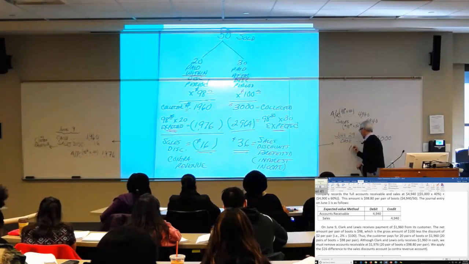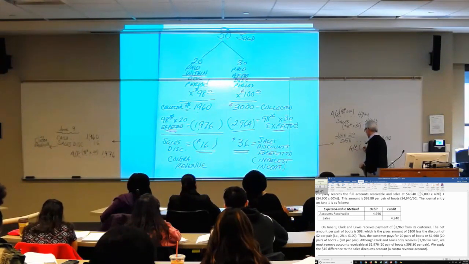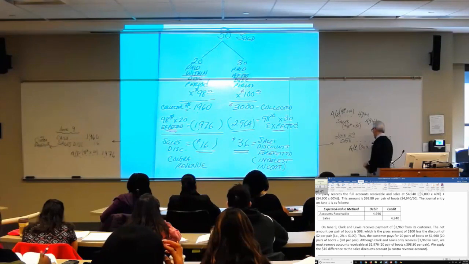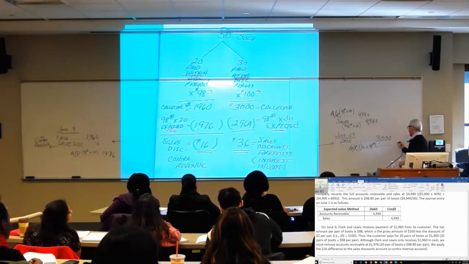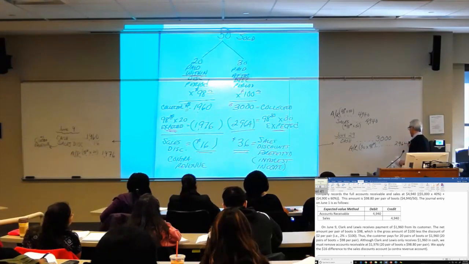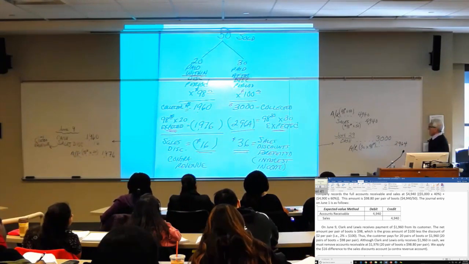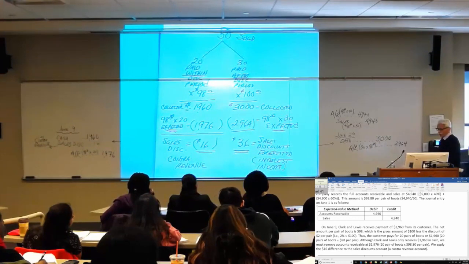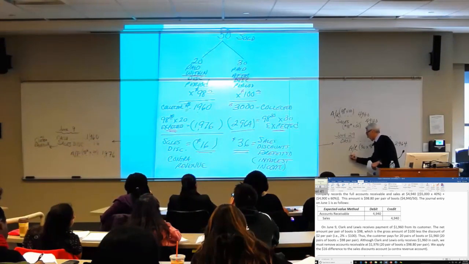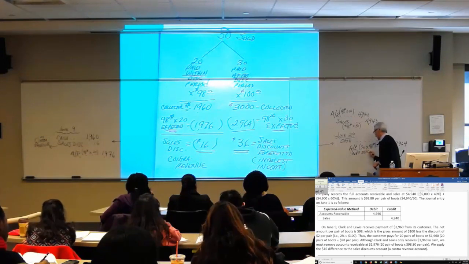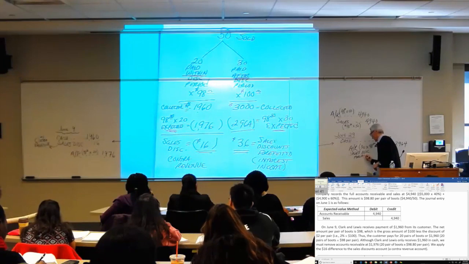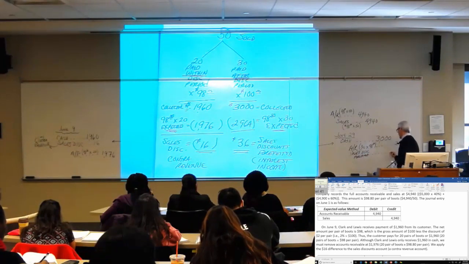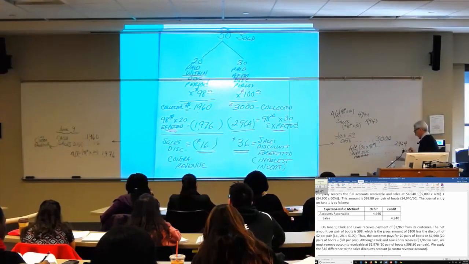The accounts receivable is the 30 units times the 9880, and that's going to be the 2964. And then the difference is income. It's interesting. So the sales discounts forfeited is interest income, that's the 36.